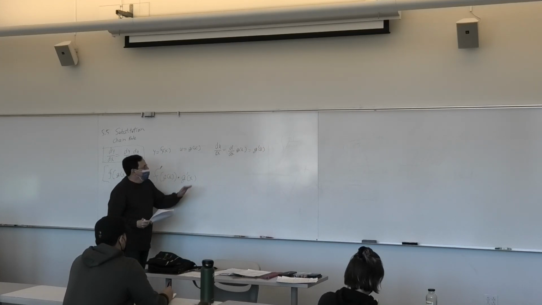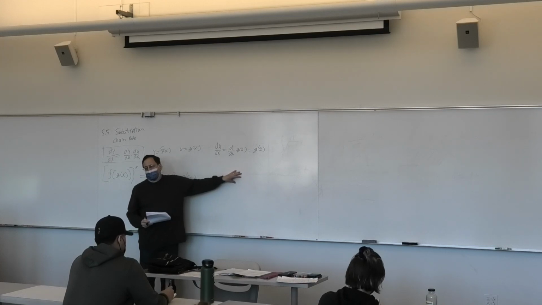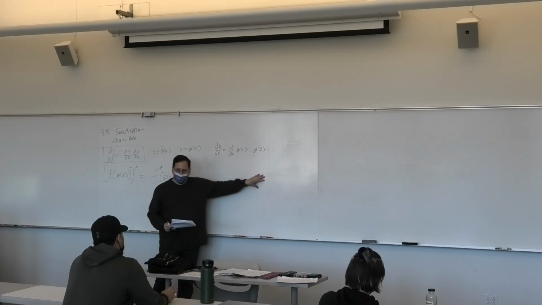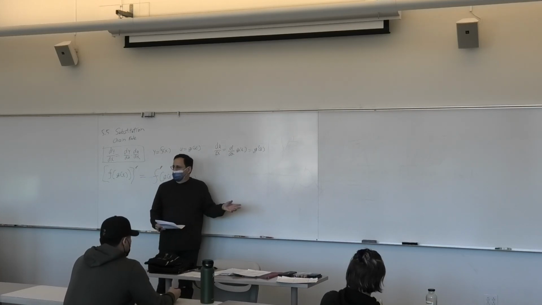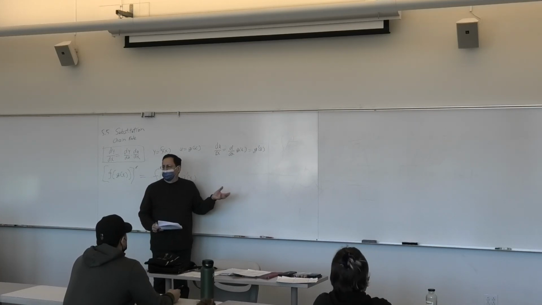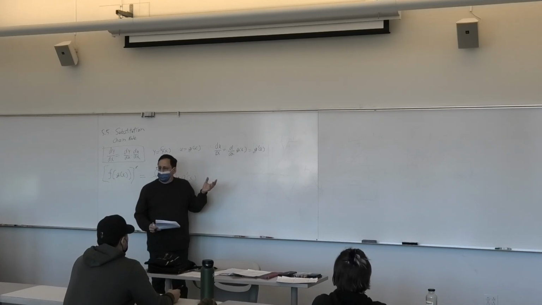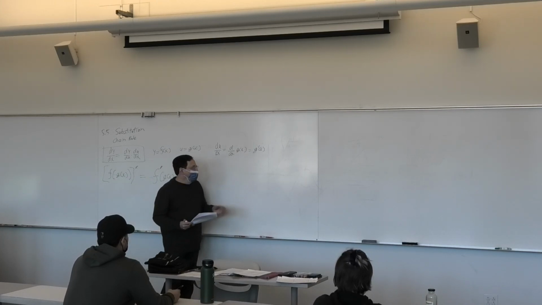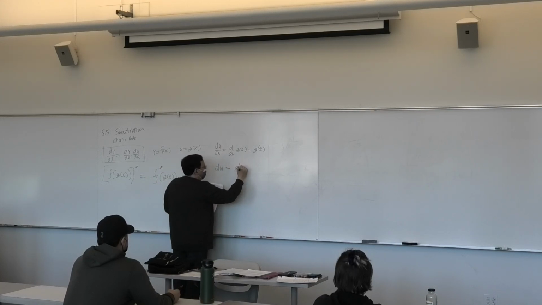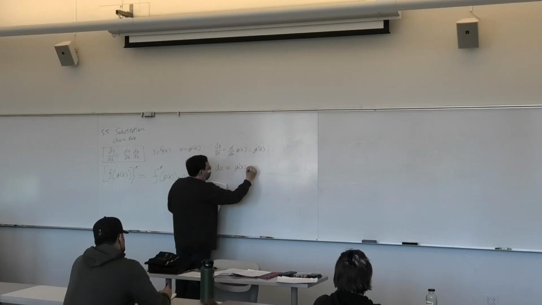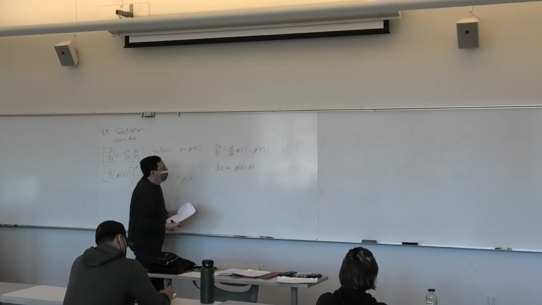Now, I think I've said things like this before, where I say this is just notation. It's useful, helpful notation, but it's just notation. We can write this as du equals g prime of x dx, as if this were a fraction.